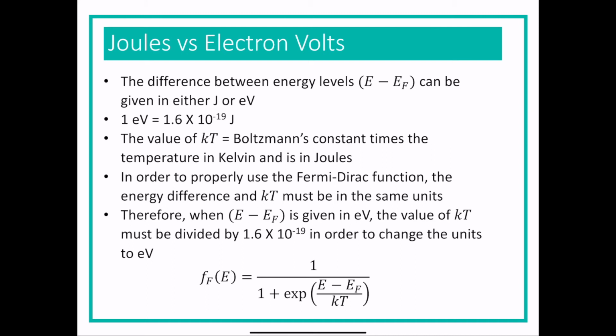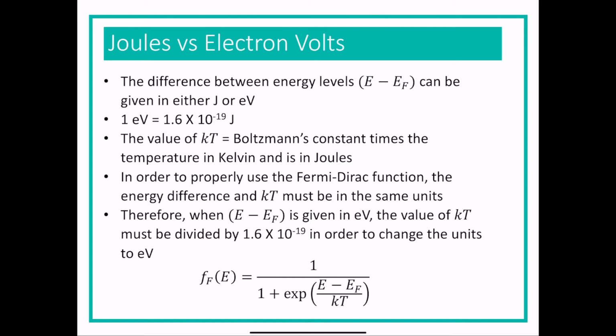That is another pitfall that students tend to fall into: you're given an energy difference in electron volts, you calculate K times T and get an amount in joules, and just throw it in there without thinking. If you're going to put it in electron volts, you just have to divide by the charge of an electron. Then you will end up with the top and the bottom in electron volts, and you get a great answer. So what does this function actually tell us?